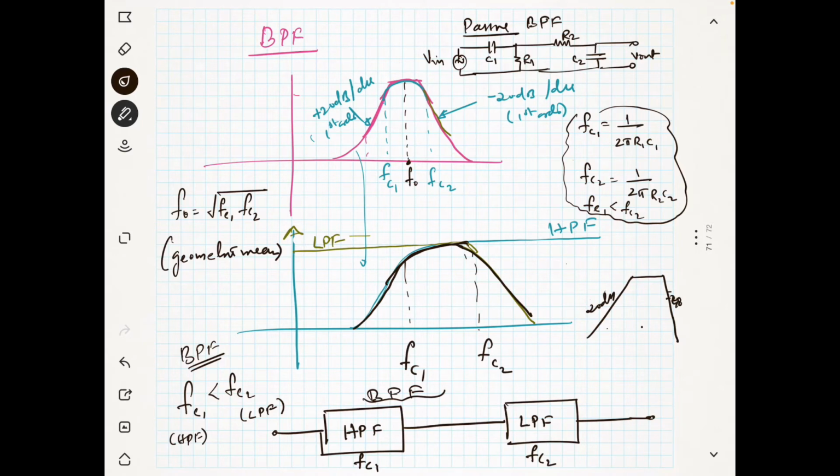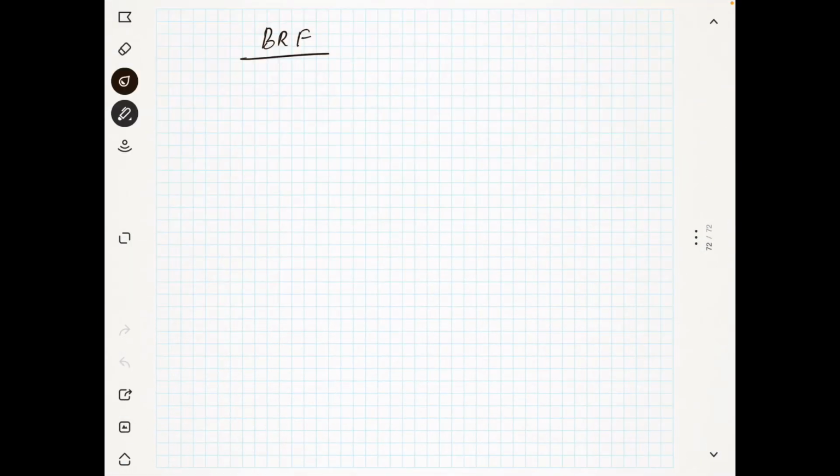So the center frequency is somewhere here, depending upon all these characteristics. That's why we are using the geometric mean. Anyway, we will talk about the band reject filter.